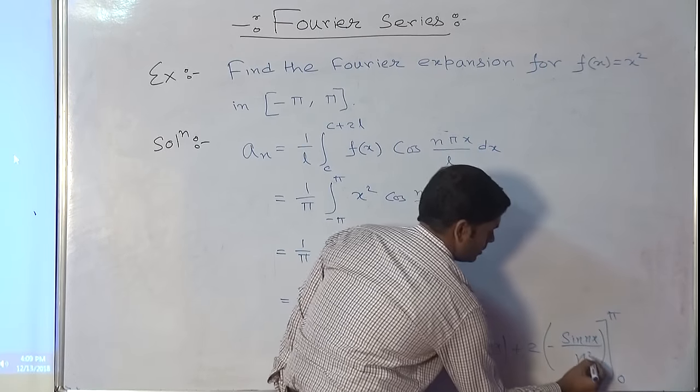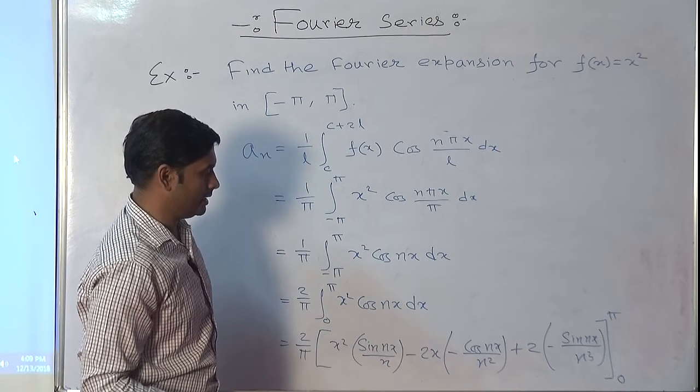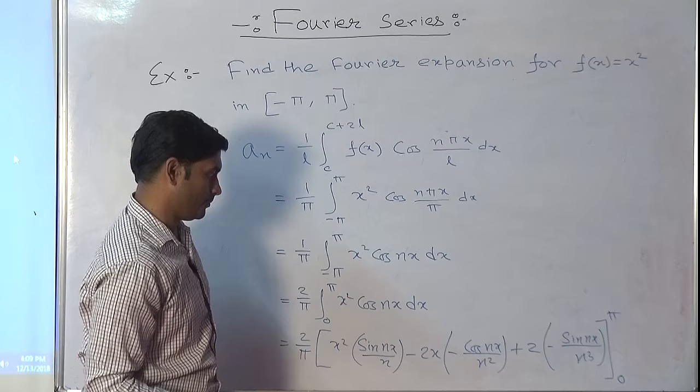So this is n cube, not n square, so sine nx by n cube.